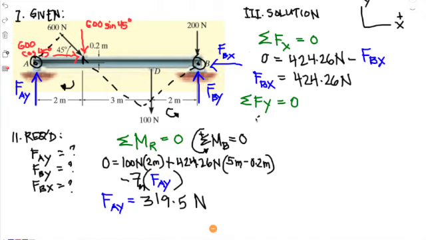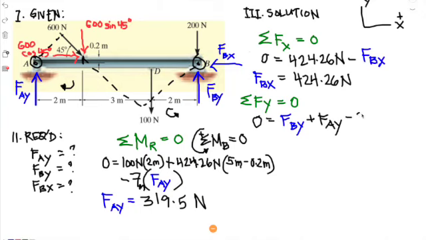So 0 would be equal to, what are the Y components going up? We have, of course, FBY. We also have FAY, which we already solved at 319.5. Those are only the two forces going up, so the rest are negative going down.